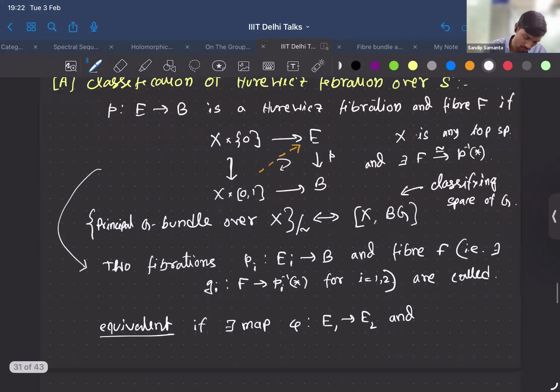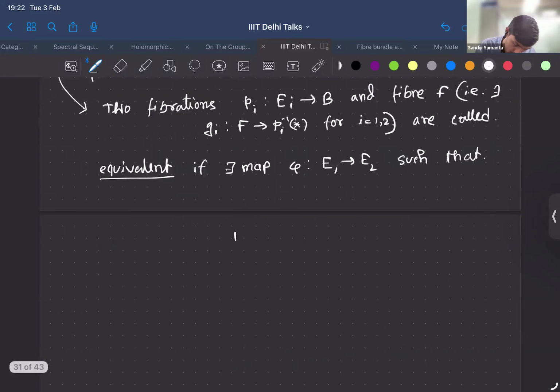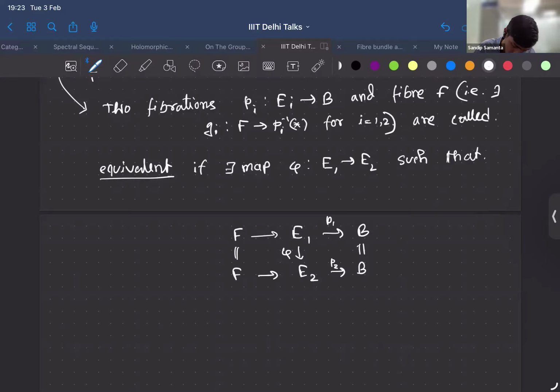Or equivalent if there exists a map such that the diagram is this. Here I want this to be the identity map. This is p1, this is p2, this is the map P, and this also I want to be the identity map. This is for g1, this is for g2.